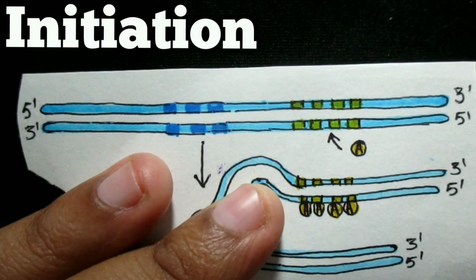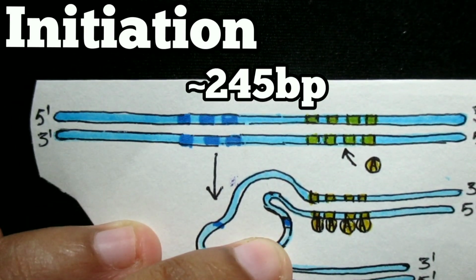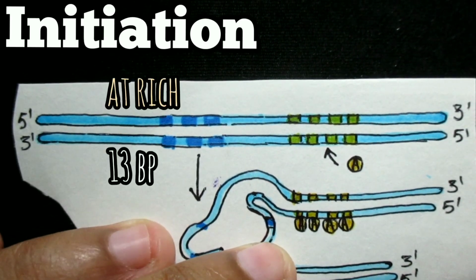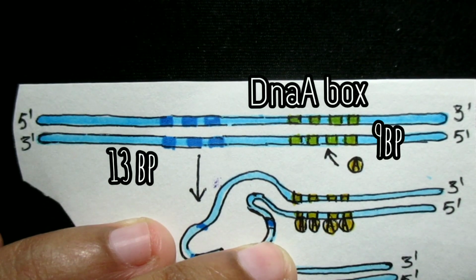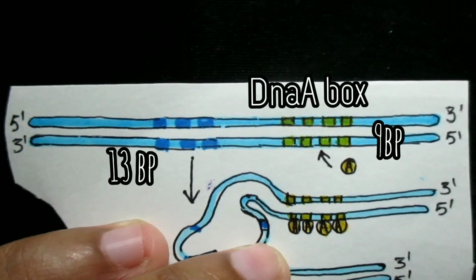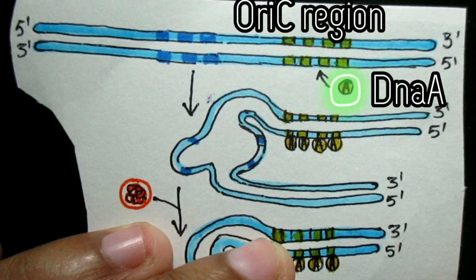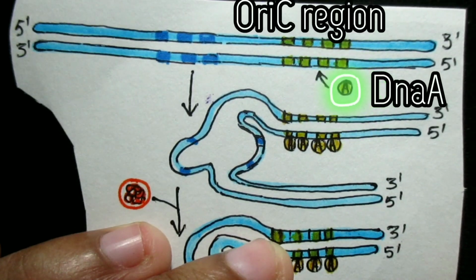The initiation of DNA replication spans 245 base pairs of DNA and contains a cluster of 3 copies of a 13 bp AT-rich sequence and 4 copies of a 9 bp sequence. For the initiation of replication, an initiator protein binds to the replicator, that is the oriC region, and denatures the AT-rich region.